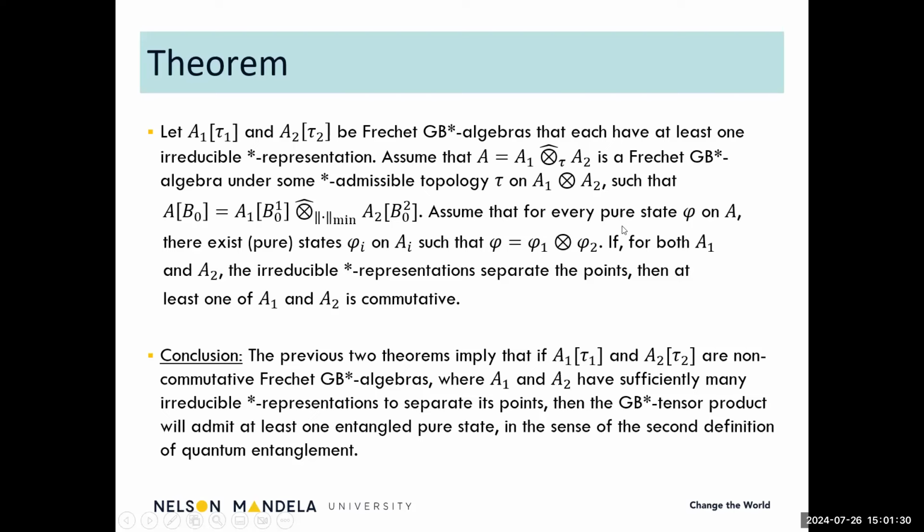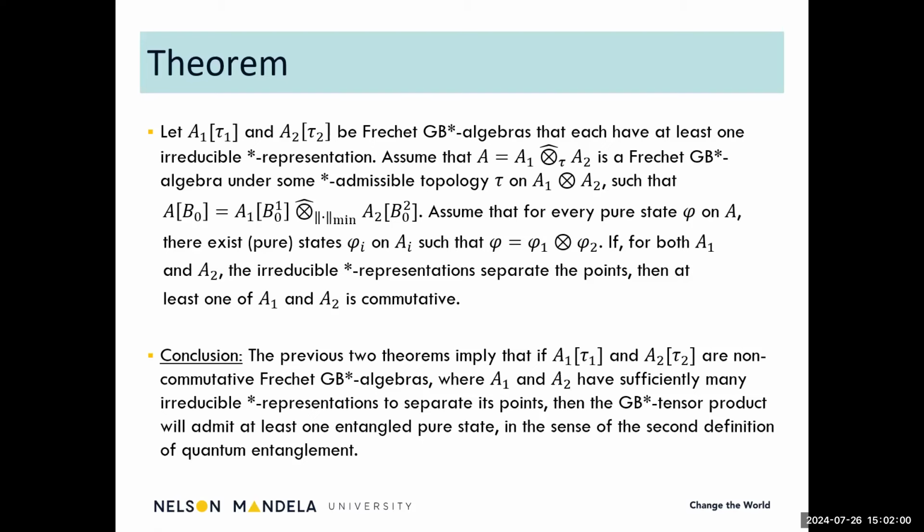If we were to know that every pure state phi on this tensor product is decomposable as an elementary tensor on the two underlying GB star algebras A1, A2, and if both A1 and A2 have at least irreducible representations separating the points, then at least one of A1 or A2 is commutative.